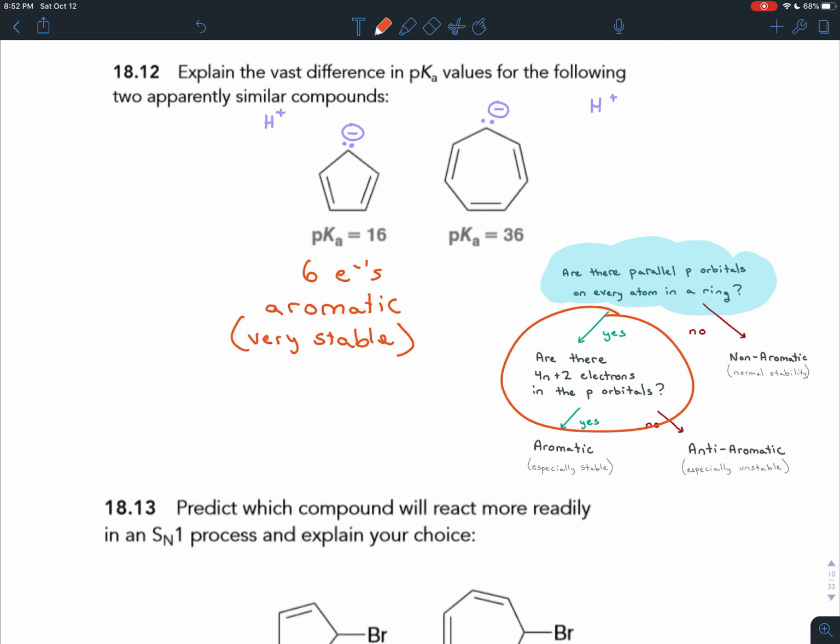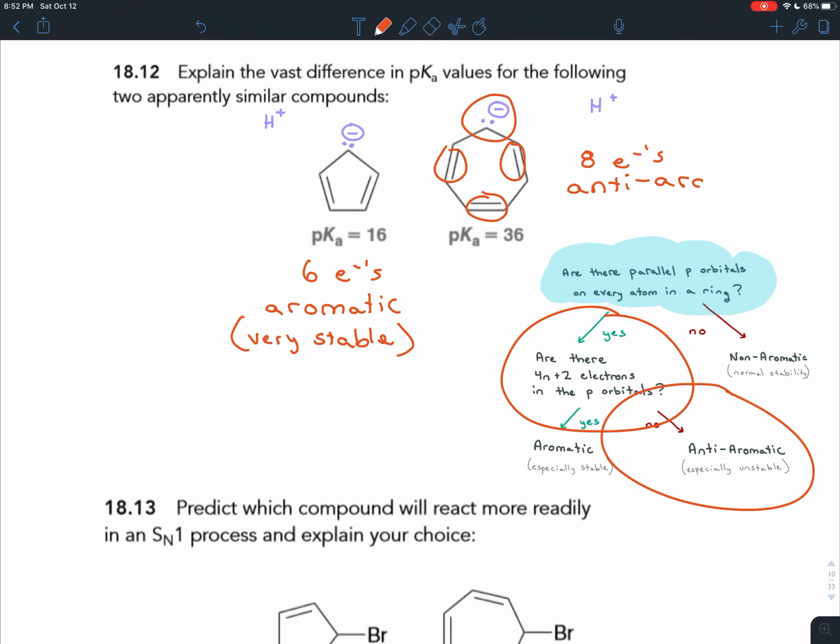Next question. Are there 4n plus 2 electrons in those p orbitals? We have 2, 4, 6, 8. 8 electrons. That is not in the 4n plus 2 series. If n is 1, then you have 6. If n is 2, then you have 10. 8 is skipped over. It is not in that series. And therefore, the molecule is going to be very unstable. It will be anti-aromatic.